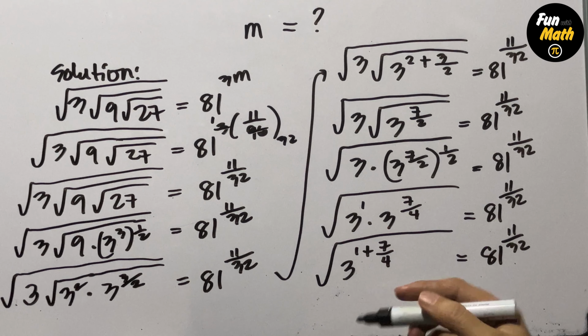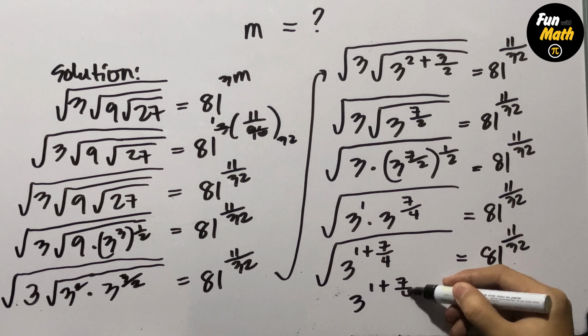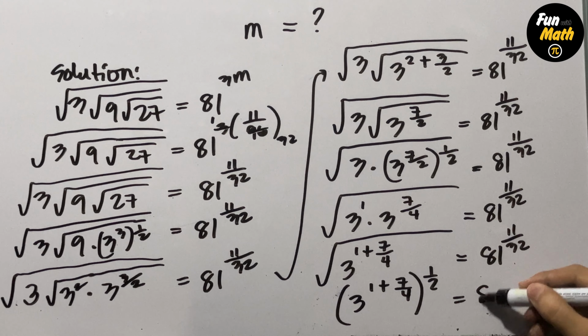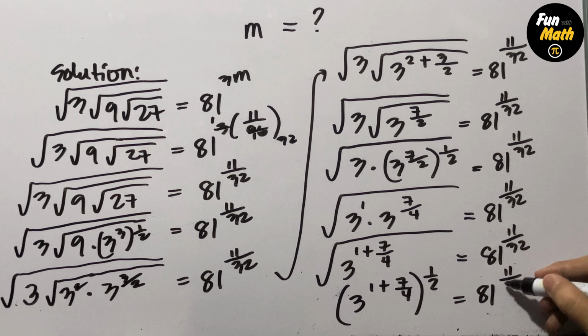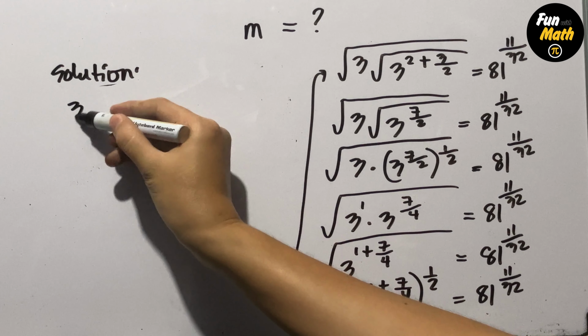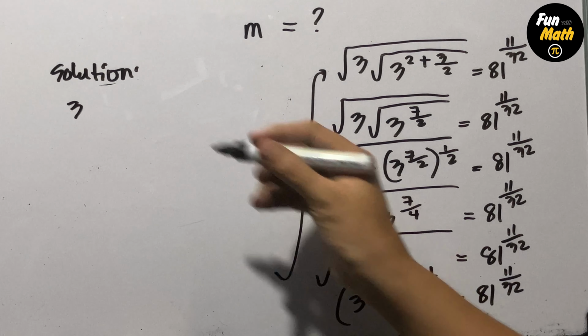And we can write it as 3 to the power of 1 plus 7 over 4 whole to the power of 1 half equals 81 to the power of 11 over 32. Now to continue, we have 3 to the power of 1 plus 7 over 4. That is 4 times 1, that is 4, plus 7, that is 11.